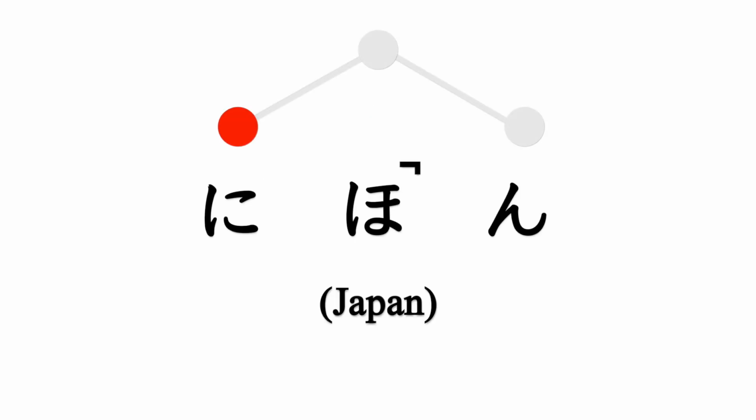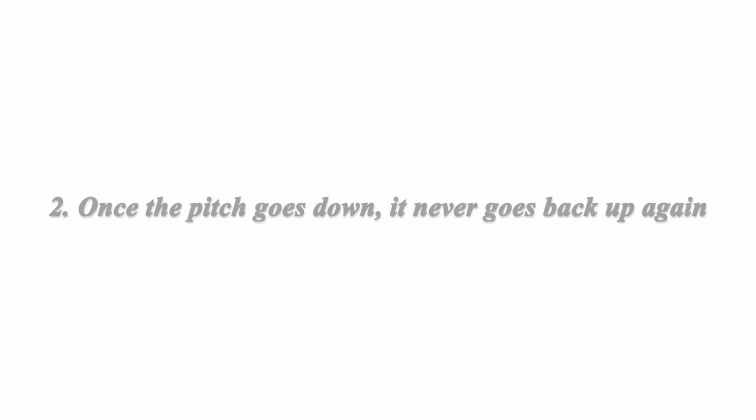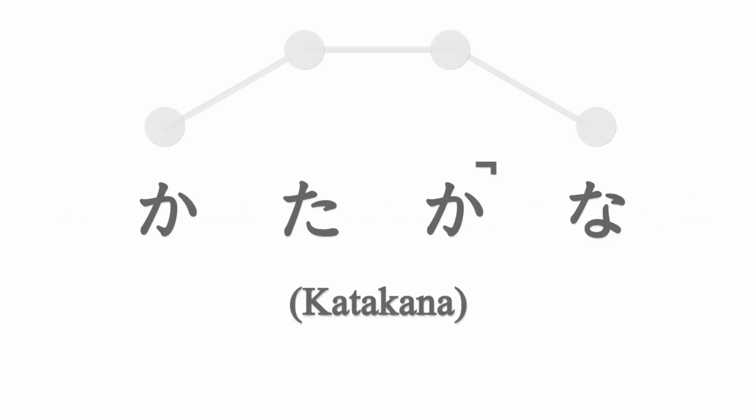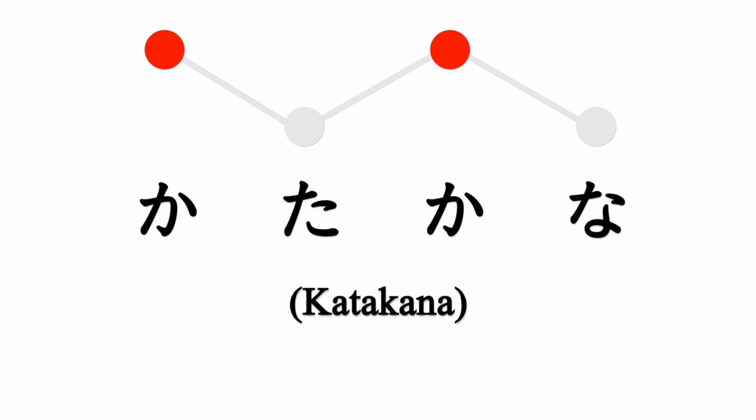The first mora starts low in pitch, so the next mora must be high in pitch. 2. Once the pitch goes down, it never goes back up again within a word. This means there's only one peak within a word. So this kind of pitch accent pattern doesn't exist.